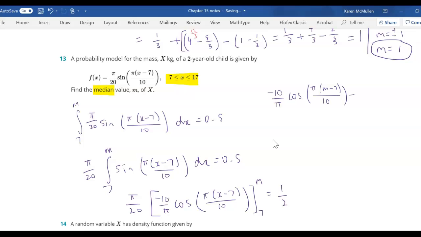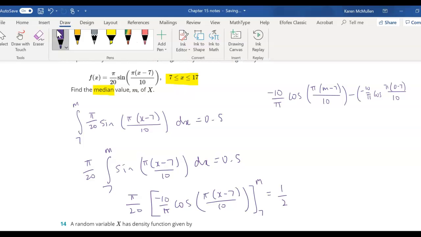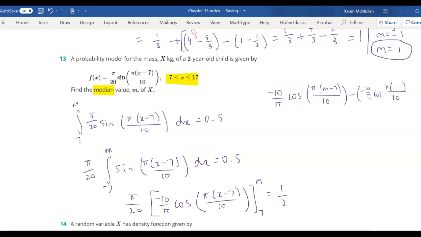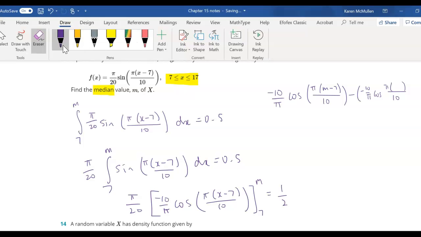Minus 10 on pi cos of, let's go as far as we can by hand, 0 minus 7 on 10. Nope, not 0 minus 7. I knew we should have had a 0 there. 7 minus 7, because x is 7, so 0.